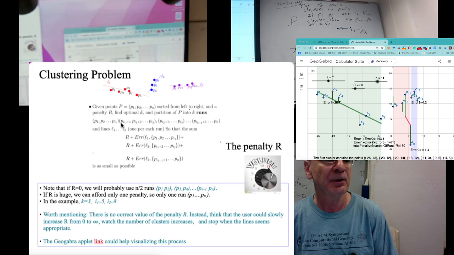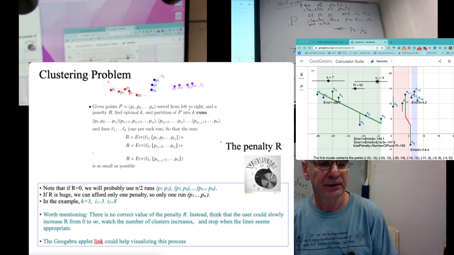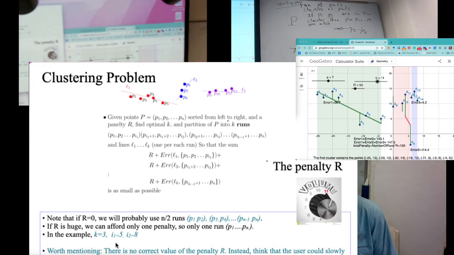Start at P1 and end at Pi1. What is your next point? If you just ended at Pi1, and Pi1 is P5, your next one undoubtedly starts at P6, which is Pi1 plus 1, and will end at some point.